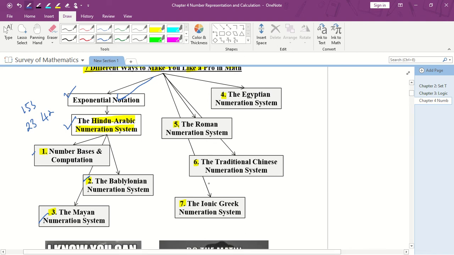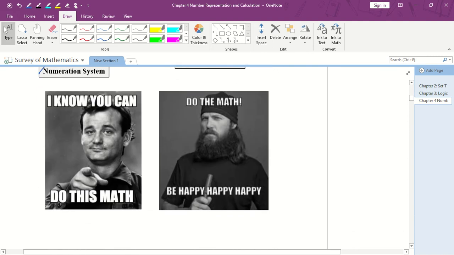The fourth, fifth, sixth, and seventh don't require that knowledge, so they can go separately. Today, in this video, we'll focus on exponential notation and the Hindu-Arabic numeration system. Then in the next video we'll start to learn about the new number bases and computation. So I know you can do this math and be happy.